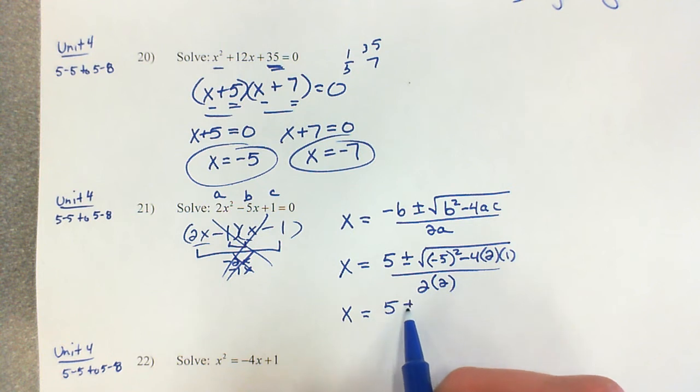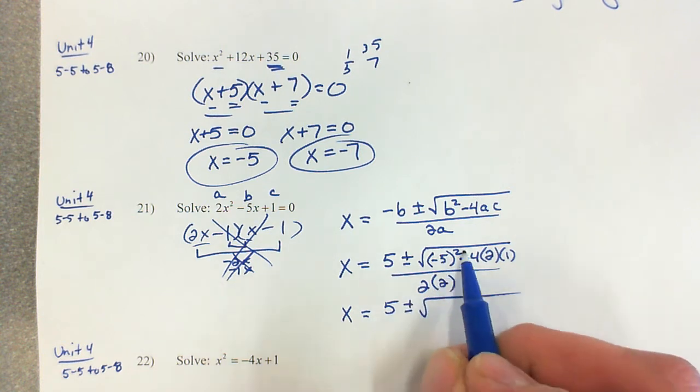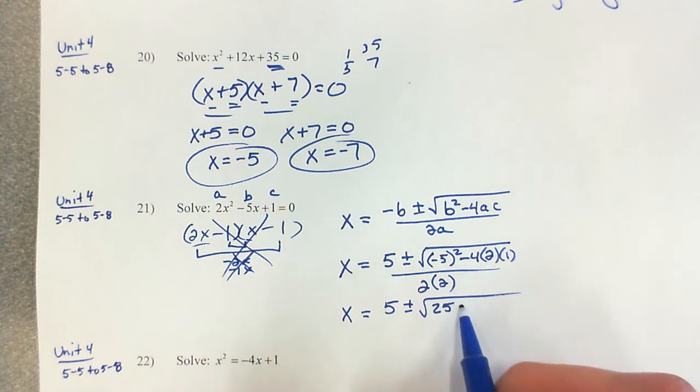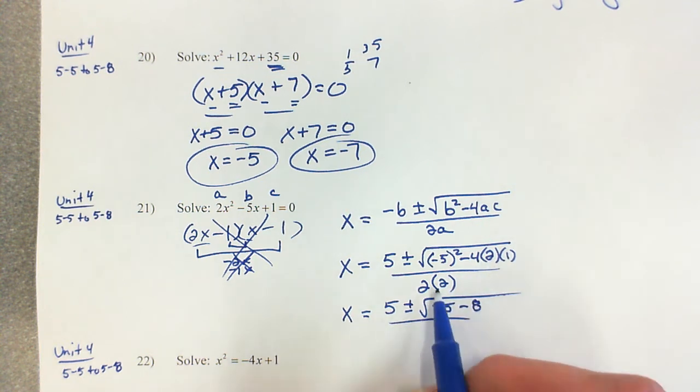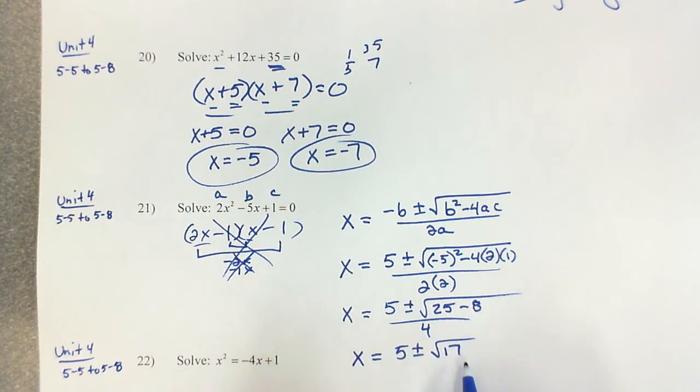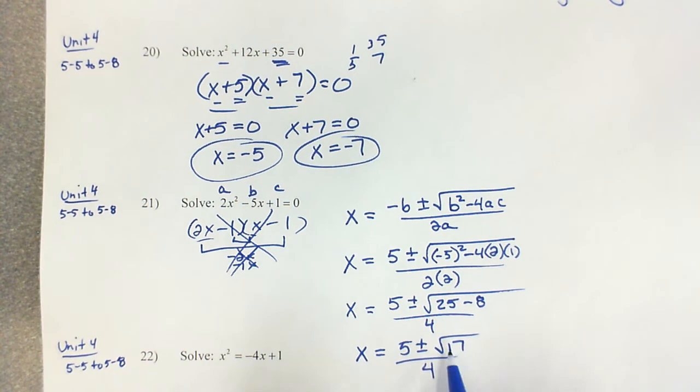So x equals 5 plus or minus the square root. Negative 5 squared is 25, minus 4 times 2 times 1, that's 8, over 2 times 2, which is 4. So x equals 5 plus or minus square root of 17 over 4.